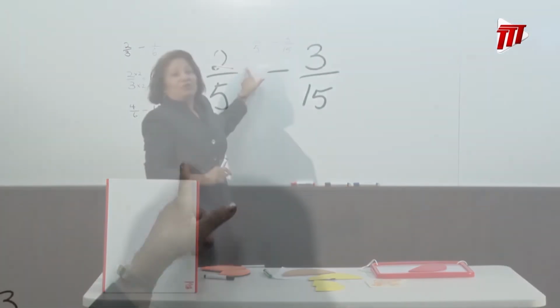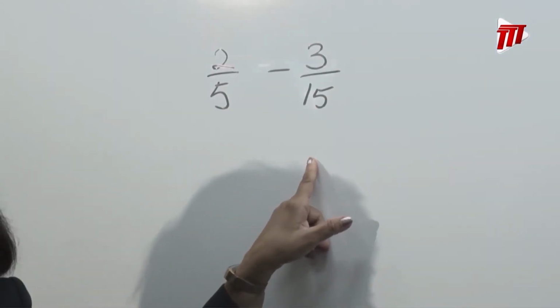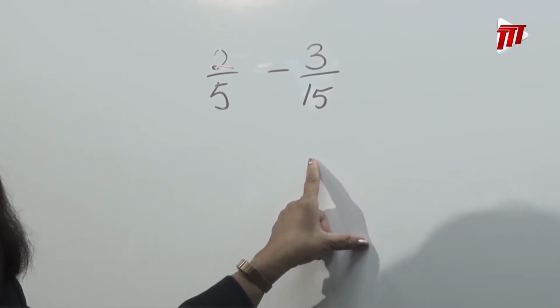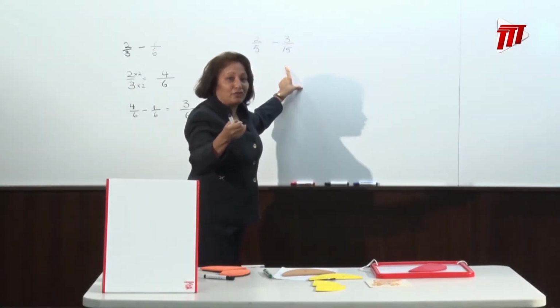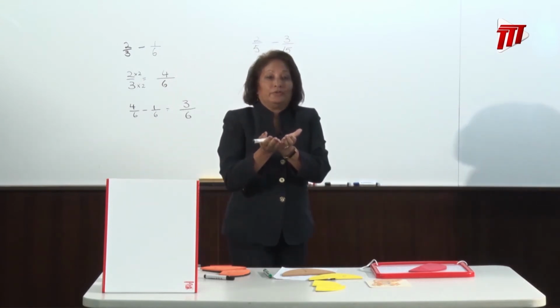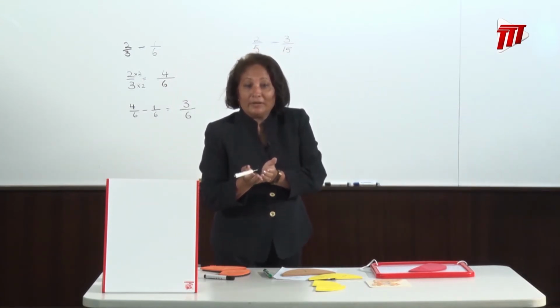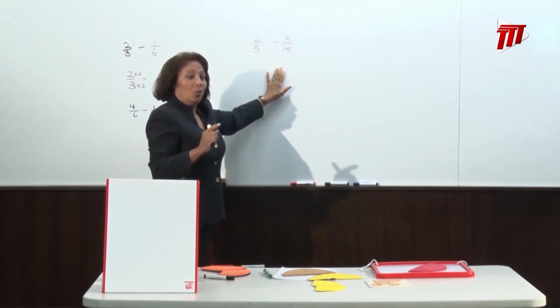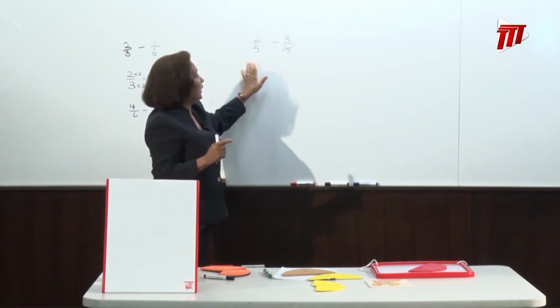The denominators are not the same, so we have to do some kind of adjustment. We have to change the denominators. We have to do the equivalent fractions to get the denominators to be the same, because we know how to work with the fractions when the denominators are the same. So the denominators are different. One is a multiple of the other.